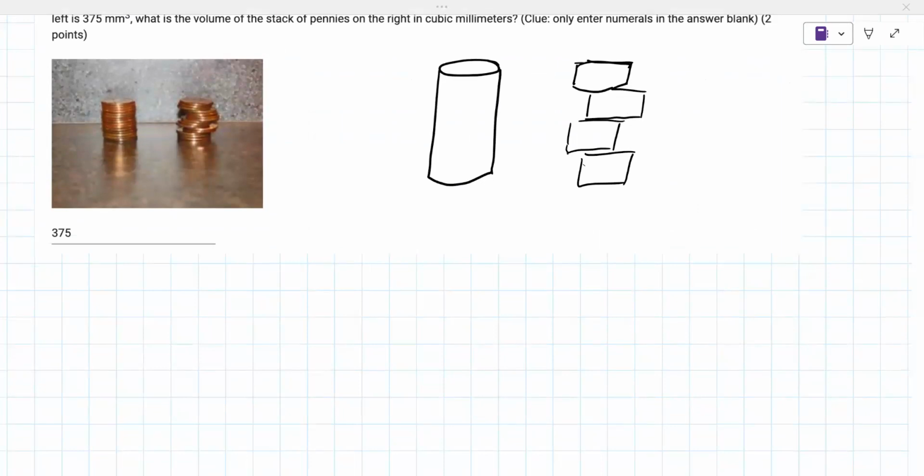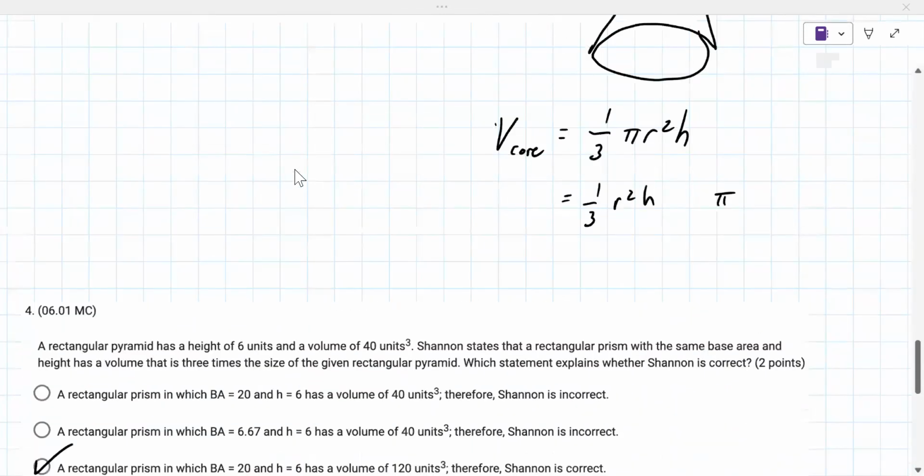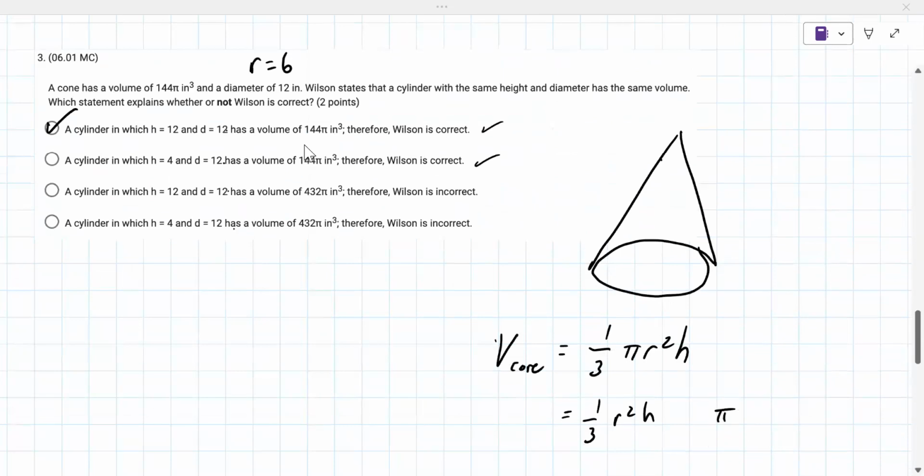I think it was number 3. Okay. Yeah, so it says the correct answer was a cylinder in which H equals 12. So you're looking for the one that states the cylinder has the same volume. And that's not true. It's going to have 3 times the volume.